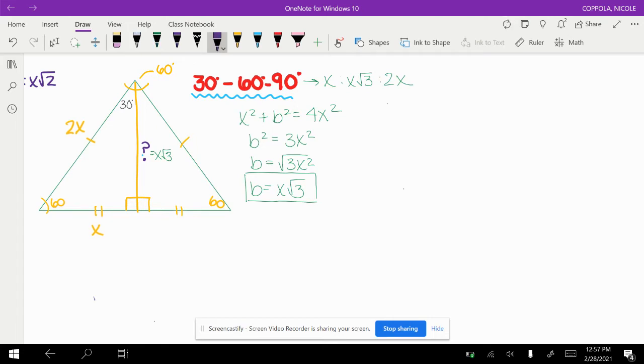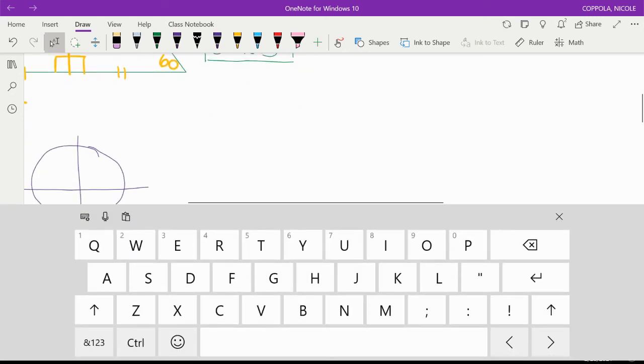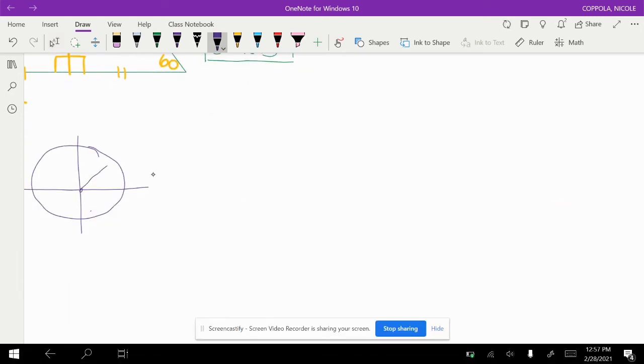So for example, we're going to look at the side lengths that are created when you have a unit circle. Here I'll just draw us a small little visual. My circles are not great, but if I draw an angle in here, because this is a unit circle, we know that this length would be 1, right?